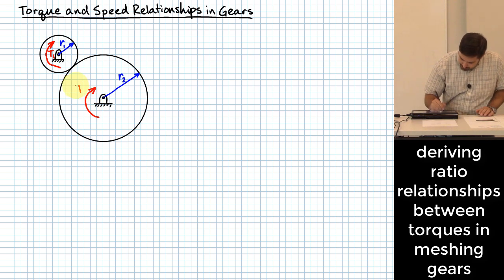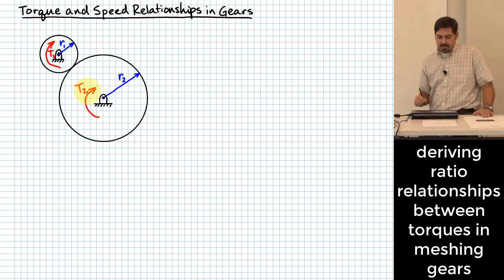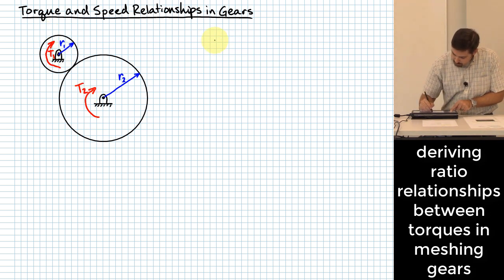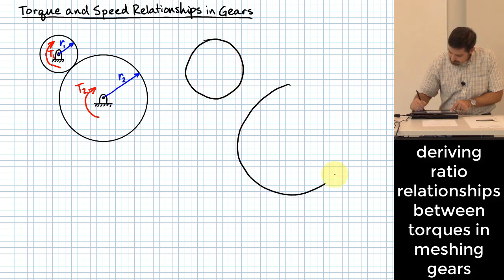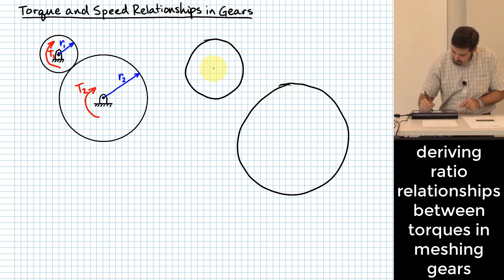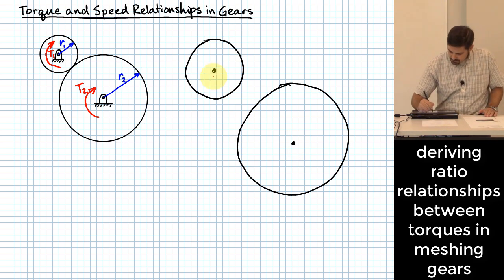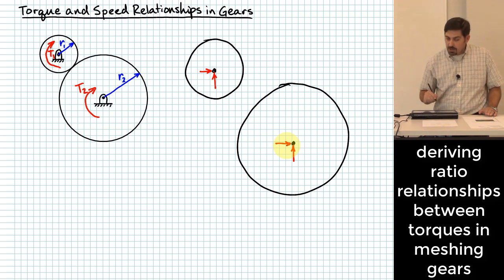Let me put in T1 and T2 like this, and then do free body diagrams of the two gears. Let me do the top one first, and then the bottom one. They have a little shaft that they rotate around. Are there reactions that happen at that shaft? You might guess, based on the fact that I'm drawing some, that there are going to be some reactions there.